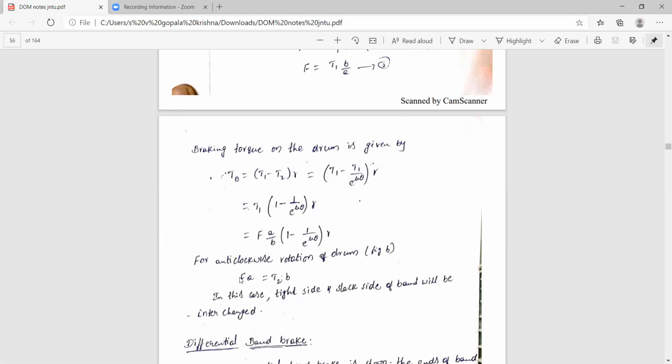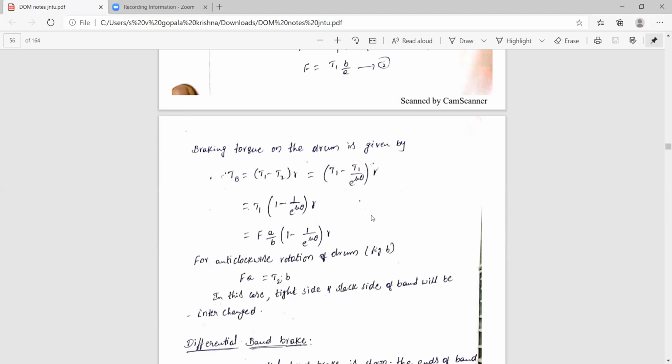Similarly, for anti-clockwise rotation of the drum, we find the frictional braking torque and the force value. From the force point of view, FA equals T2 b.